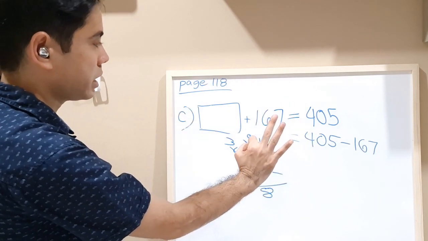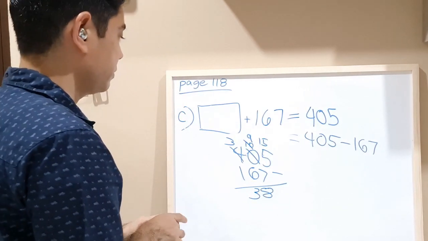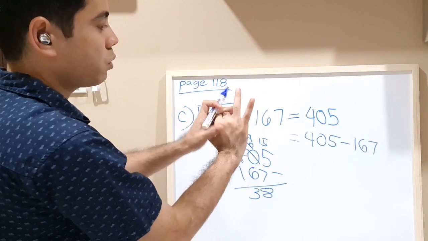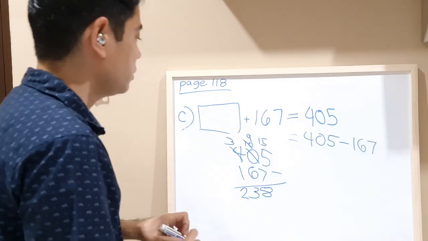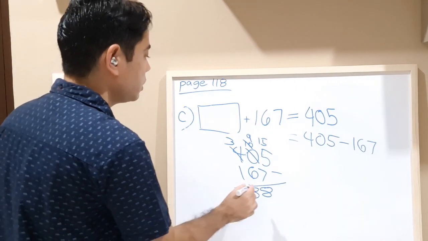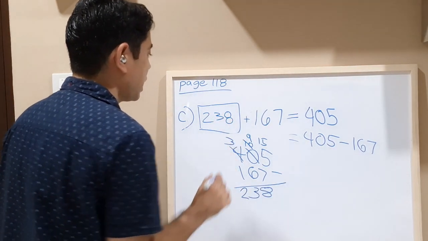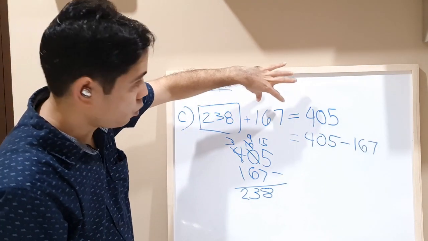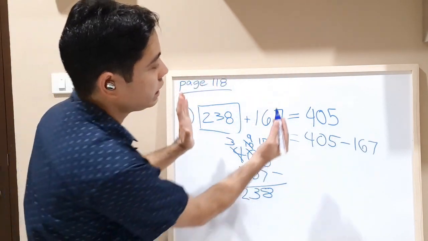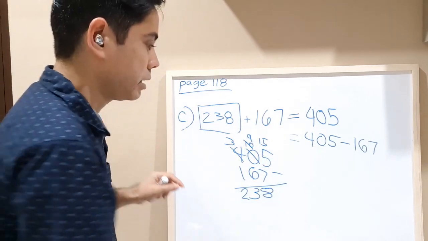So it's 3. You can write it here, 3. And 3 take away 1, 2. So the answer is 238. Now, is this correct? If you add 238 and 167, will it give you 405? Let's check.